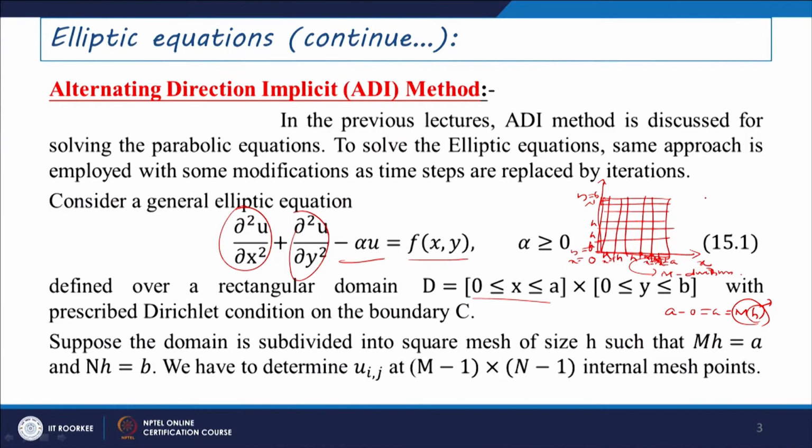In the y direction, the total number of divisions is n and each small grid size is h, so n h equals b minus 0, which is b. So, we have n h equals b and m h equals a, and we have to determine u i j at each of these grid points, which is not known to us.